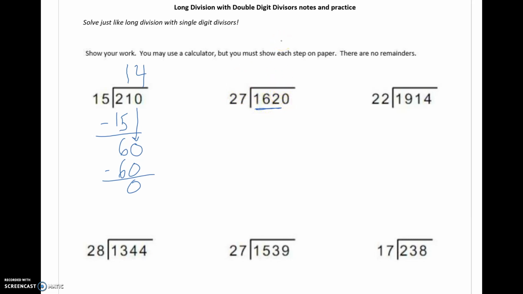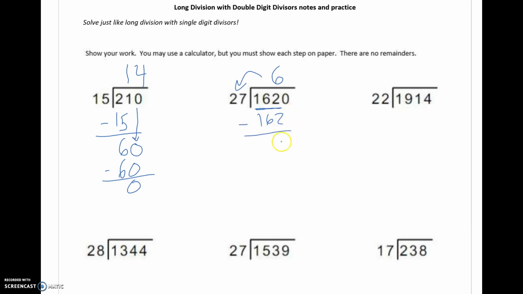Personally, I don't have my 27s memorized for multiplication facts, so I'm going to use my calculator and type in 162 divided by 27, and it turns out to be exactly 6 times. Okay? 6 times 27 gives you 162.